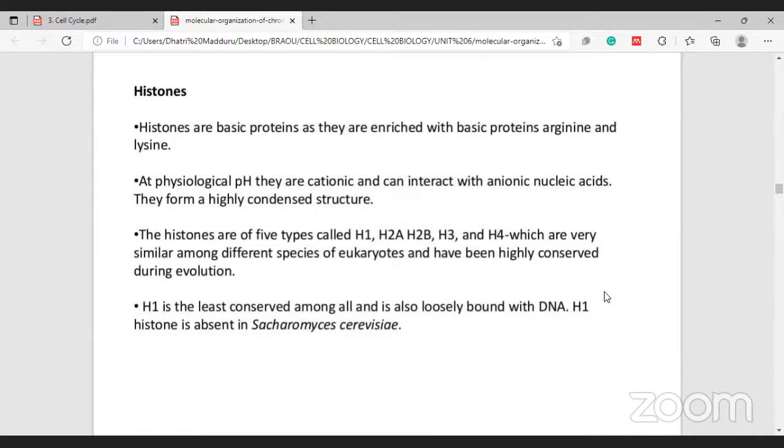But H1 histone usually acts as a linker protein, whereas the other 4 have 2 copies each and form a core. H1 is loosely bound to the DNA, and H1 is completely absent in Saccharomyces cerevisiae, that is yeast.